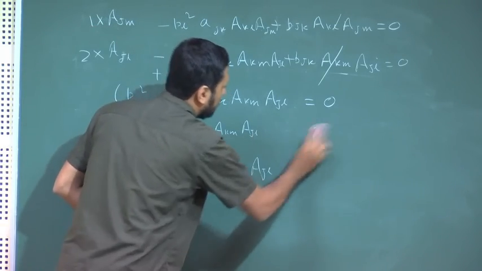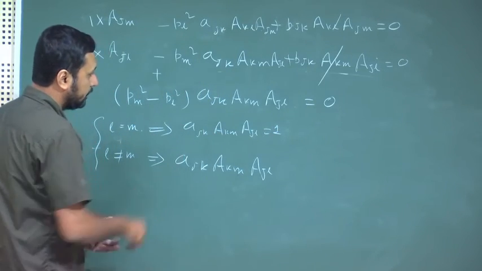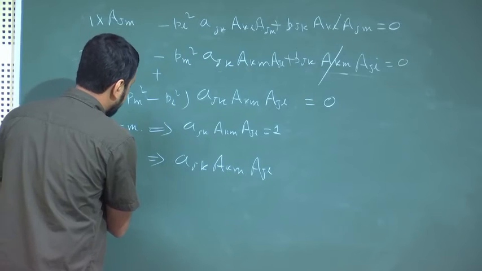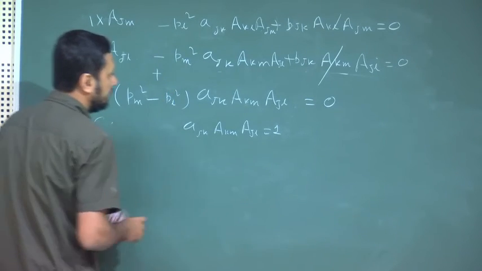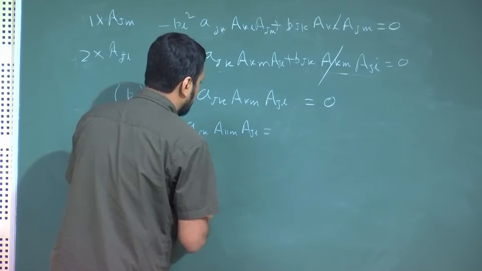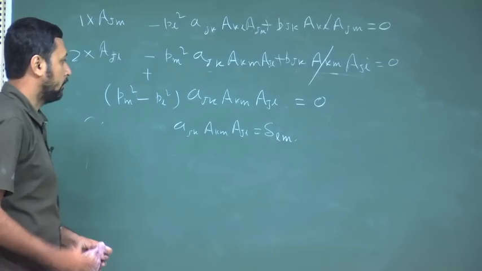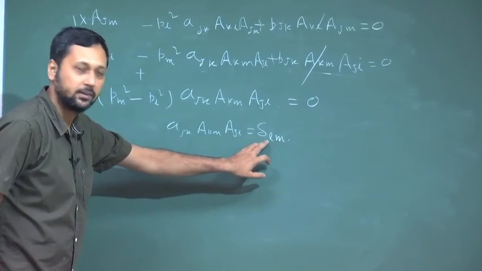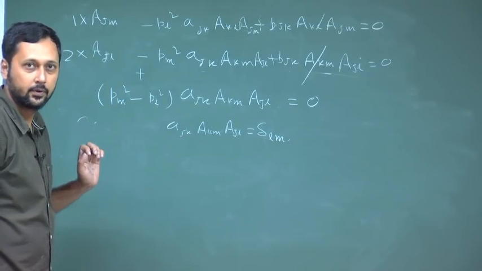So, if I set this equal to 1, then these two relations together can be combined to write this is equal to delta L M. When L is equal to M, this is equal to 1. When L is not equal to M, this is equal to 0, right.